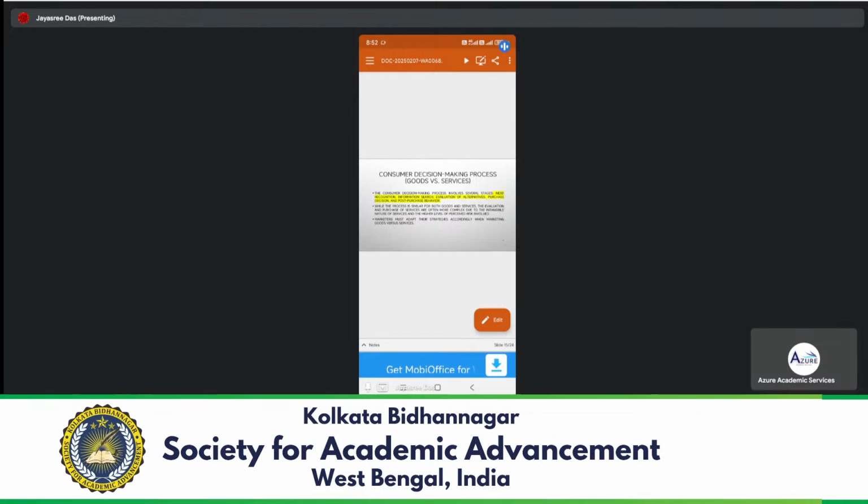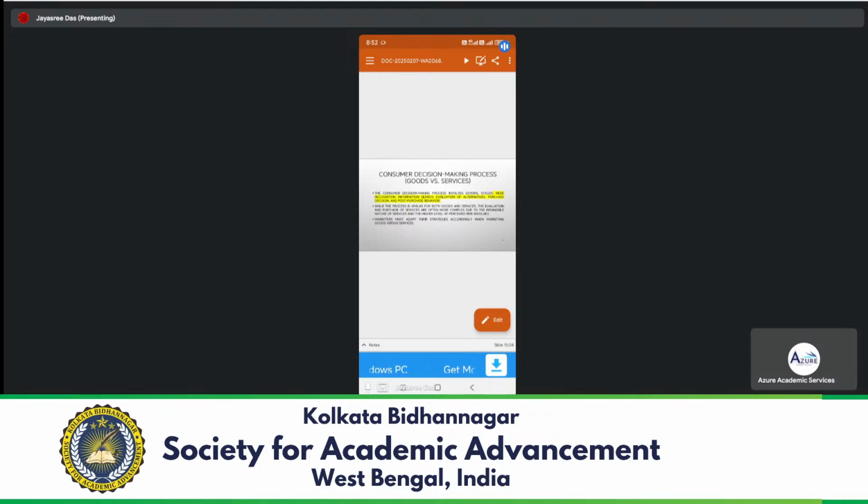So what we can come to the conclusion related to the goods versus service decision making process. Consumer decision making process generally follows five stages: need recognition, information search, evaluation of alternatives, purchase decision, and post purchase behavior. However, this process differs for goods and services.